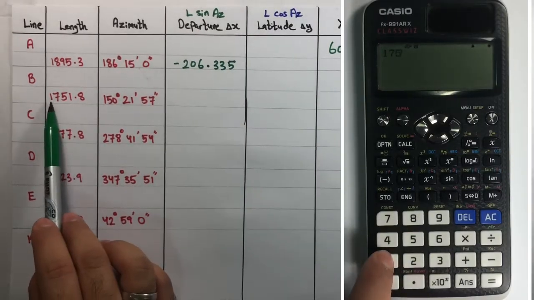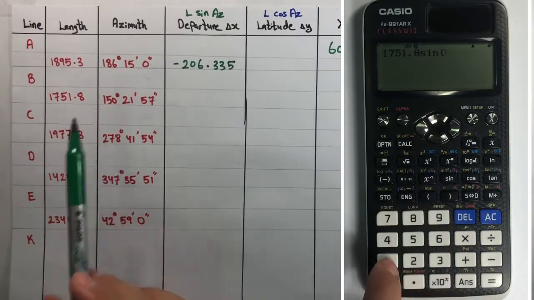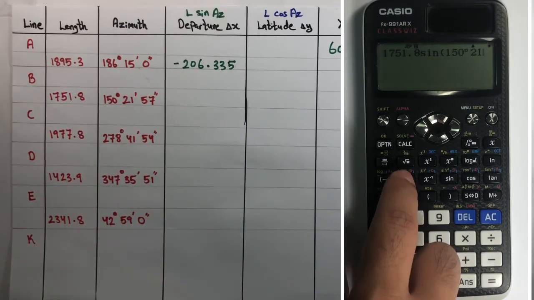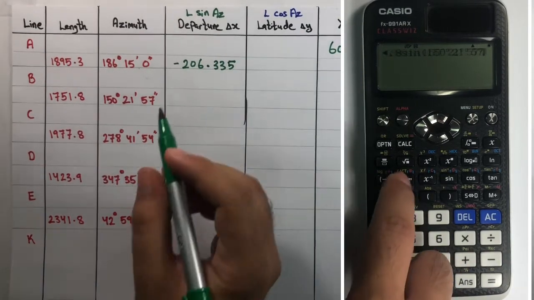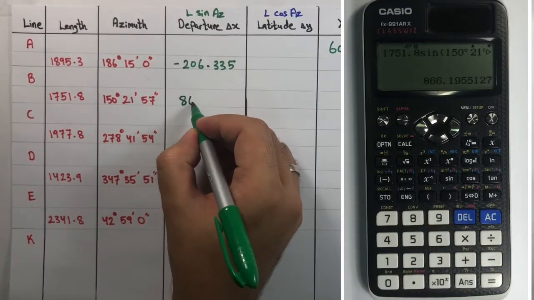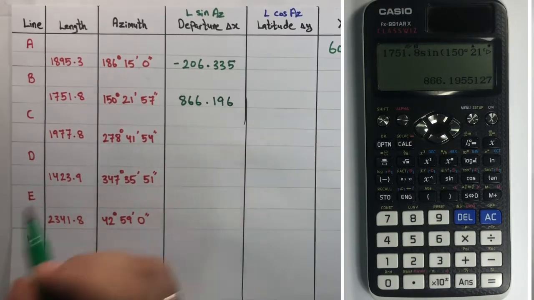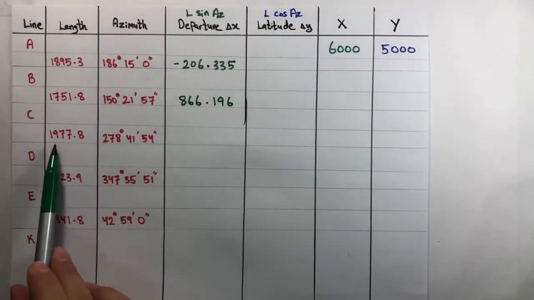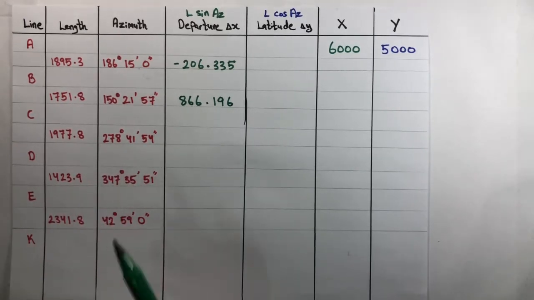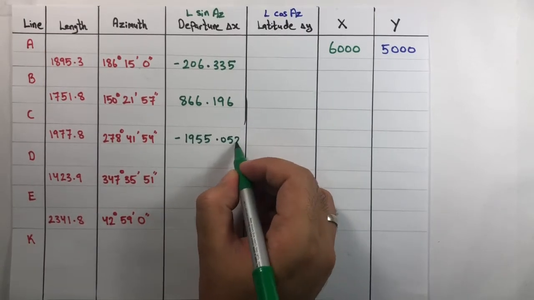Next we have 1751.8, sine 150 degrees 21 minutes and 57 seconds. We'll get 866.196. Next we have 1977.8, sine 278 degrees 41 minutes 54 seconds. Here we'll get a negative 1955.052.